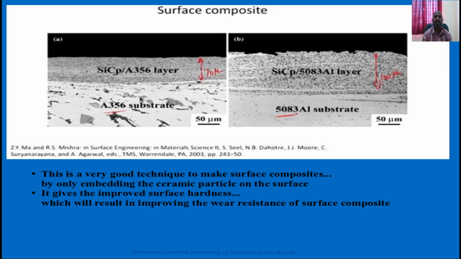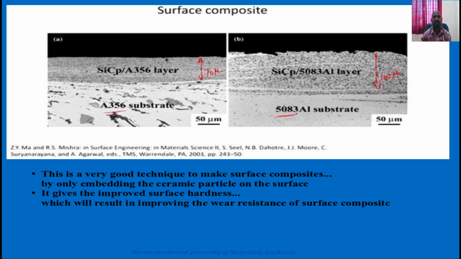So this is one example. The substrate or parent material workpiece is A356 aluminum alloy, and the reinforcement or second phase particle attached is silicon carbide particle. In another substrate, 5083 aluminum, silicon carbide particles are embedded.